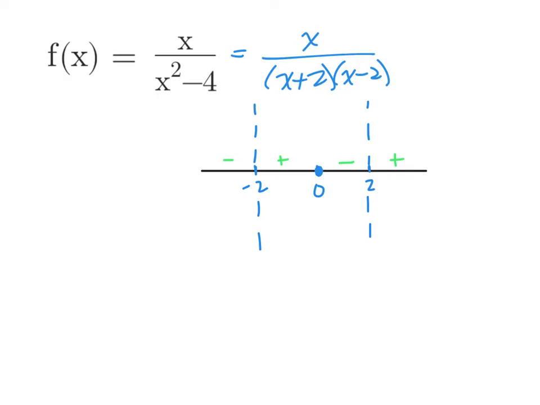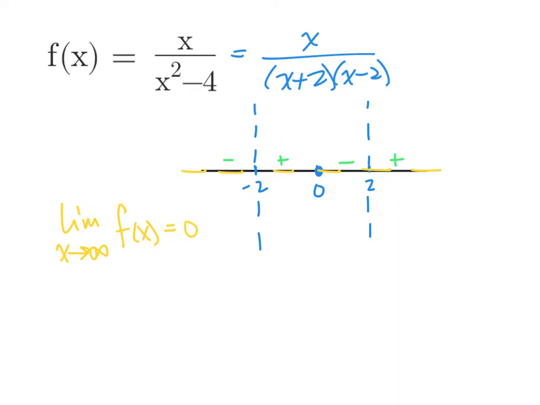And we said that there is also going to be a horizontal asymptote that is the x-axis, because the degree of the numerator is smaller than the degree of the denominator. Right? And that was our whole reasoning for it. But the actual reasoning on why we get that horizontal asymptote there is because of the limit. That the limit of f of x as x approaches infinity is going to be 0.